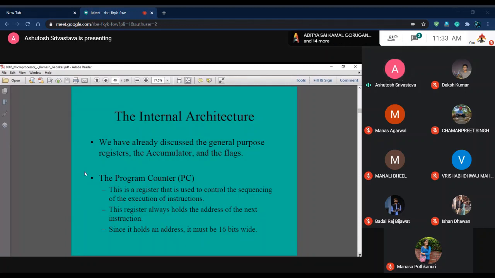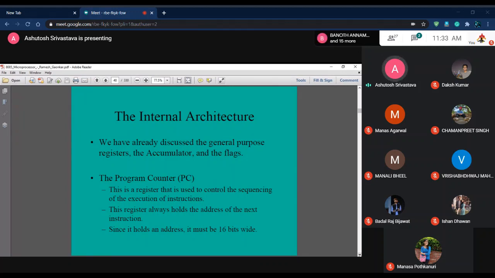The instructions are getting executed by the ALU of your CPU system.